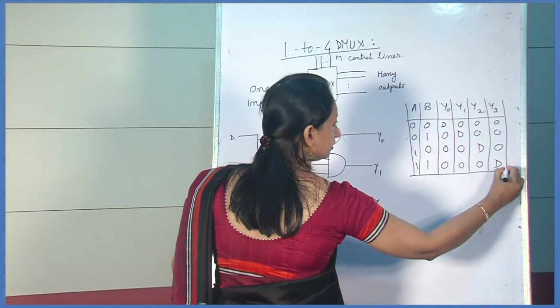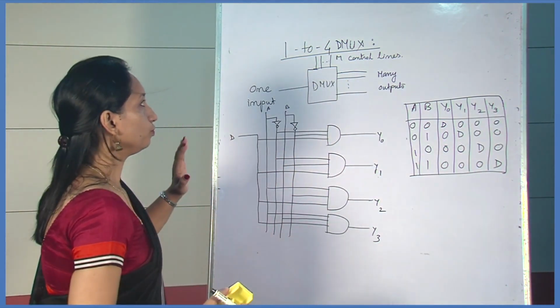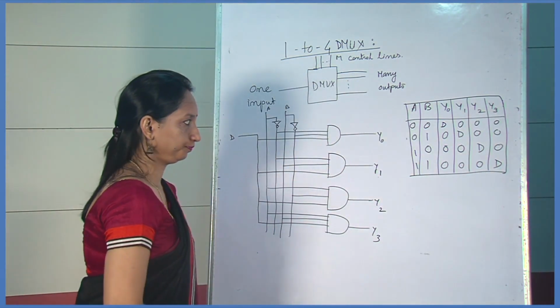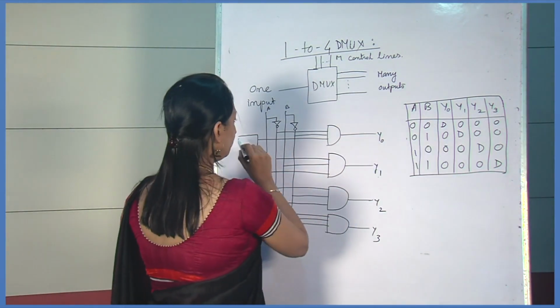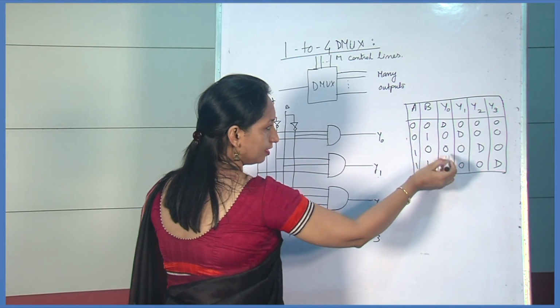So this is the logic and truth table of the 1 to 4 demultiplexer. Whatever the value of the input is, it is reflected on the selected output. For other cases, it is 0.